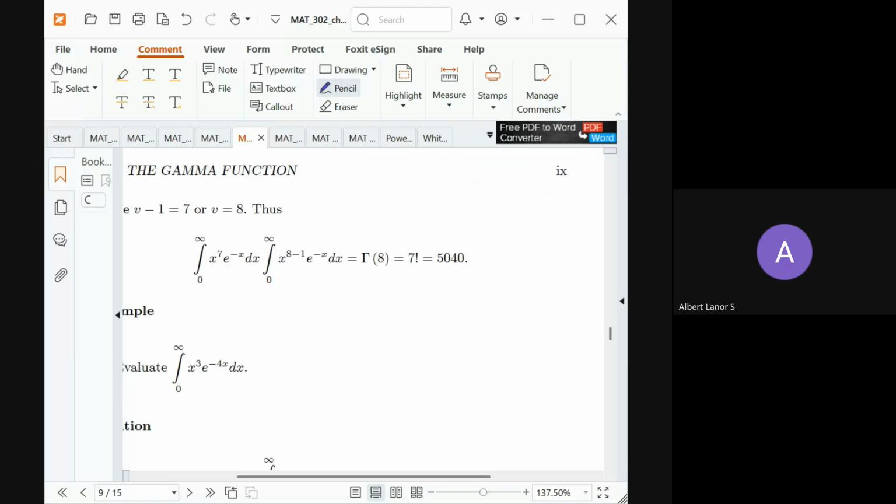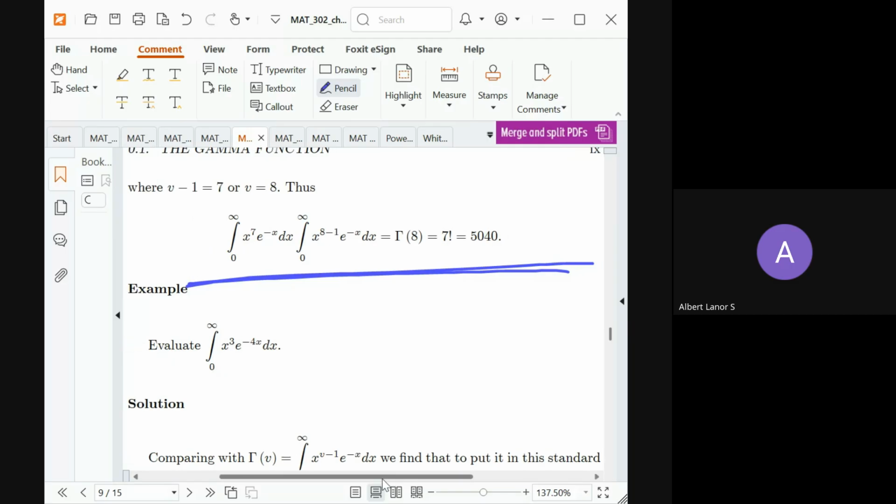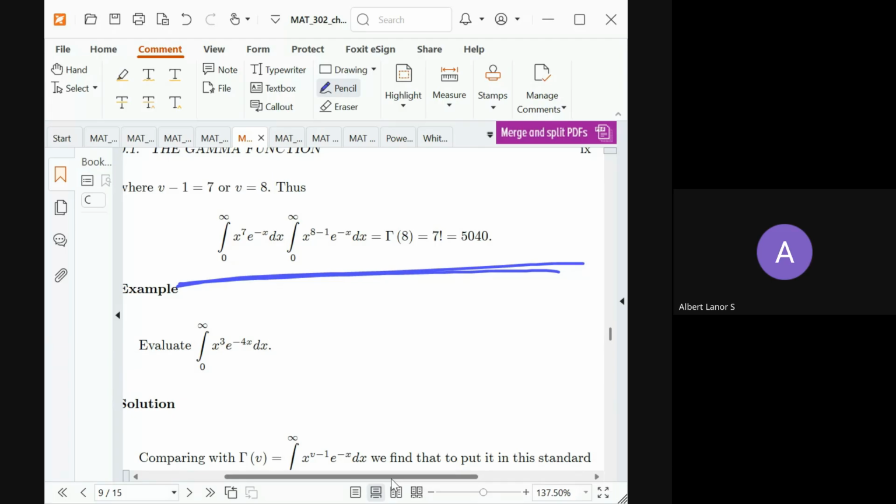So this is what we have been discussing: if you have x to the 7 e to the minus x, write it as x to the power 8 minus 1, write it as gamma of 8, which is 7 factorial, and it is 5040. Now, the next example, we want to evaluate x e to the minus 4x dx. But the statement is that the e must be to the power minus x.